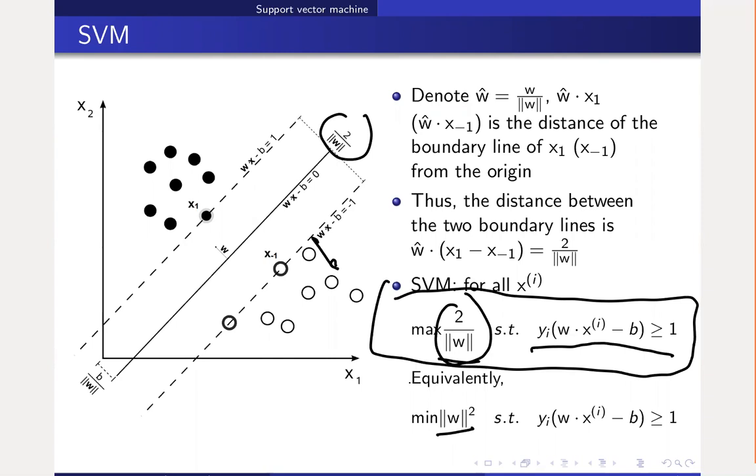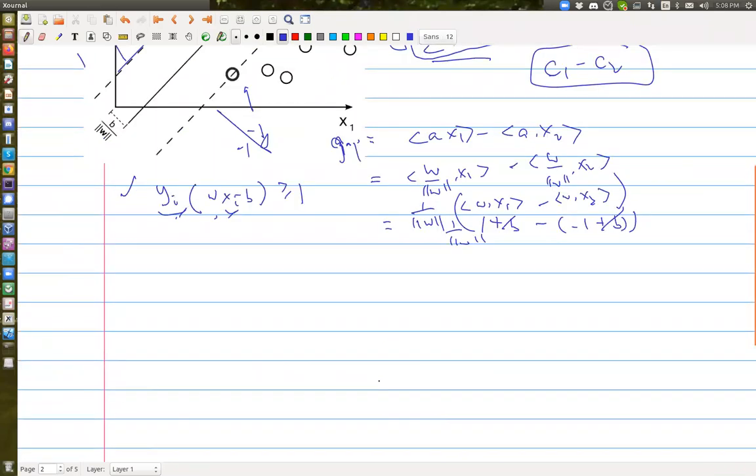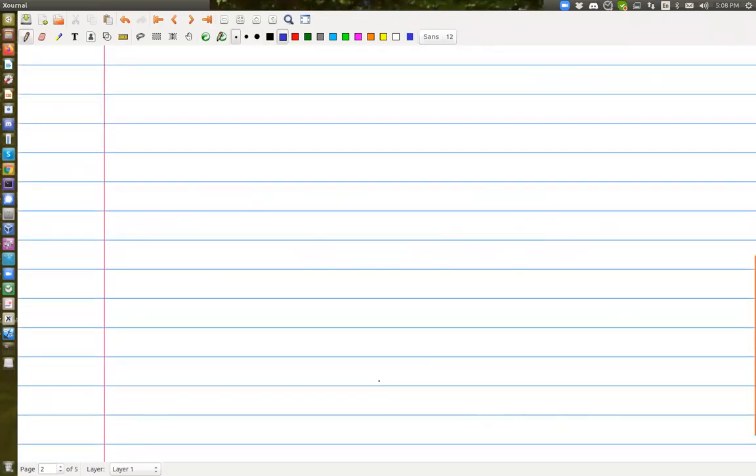So with that, we would like to solve this optimization problem, right? So I will have now a quick explanation of optimization. Let's consider a general problem here.